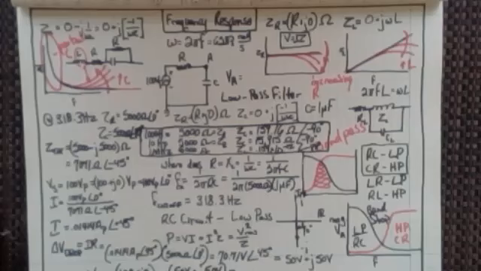So 100 minus 50 is going to give me 50. Right, so 50 volts. And then j0 minus j50 gives me minus j50 volts, right? Does everyone see that?